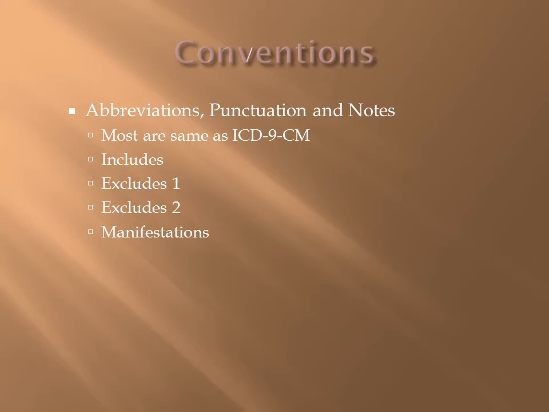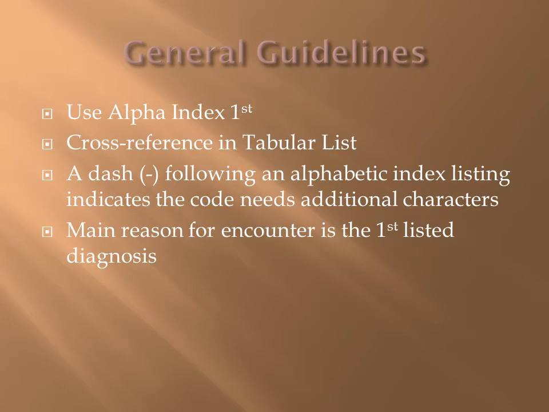Manifestations. This includes your etiology, the cause of disease, and the manifestation itself, which is a symptom or sign of a disease. Now, the code describing etiology is listed first, followed by the manifestation. General guidelines.